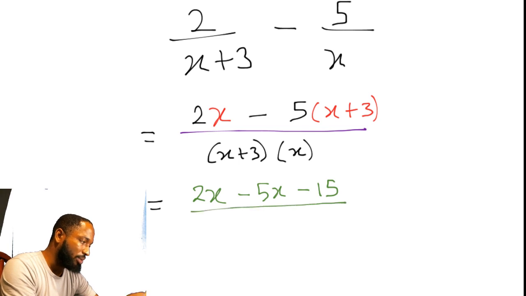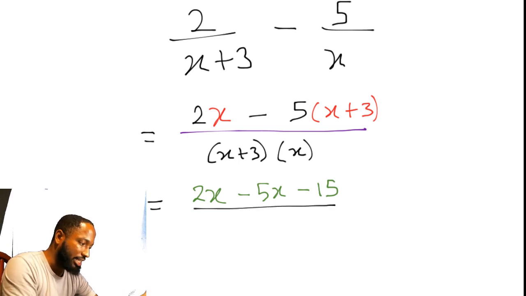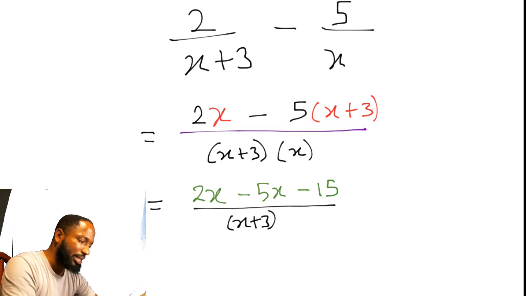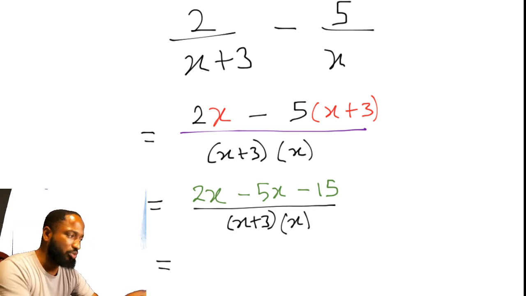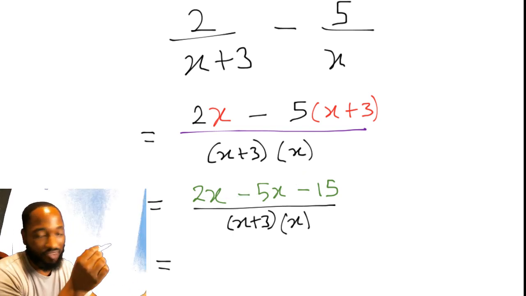So we keep going. We already settled our denominator here, that would never change. Technically, when you have an x by itself like that, you need to put it in brackets, but now we keep putting them in brackets for brackets' sake. Now we just group up the like terms. Remember this, simplifying. 2x take away 5x.